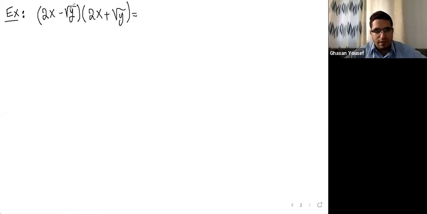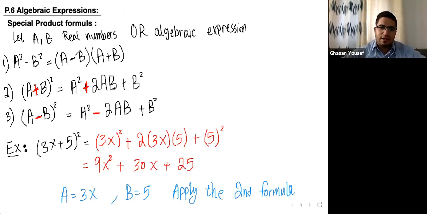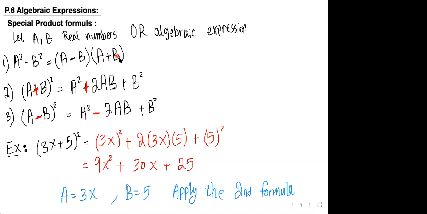In the first parenthesis I see the square root of y with a minus in front, and in the second parenthesis the square root of y with a plus in front. So I see a minus b times a plus b.